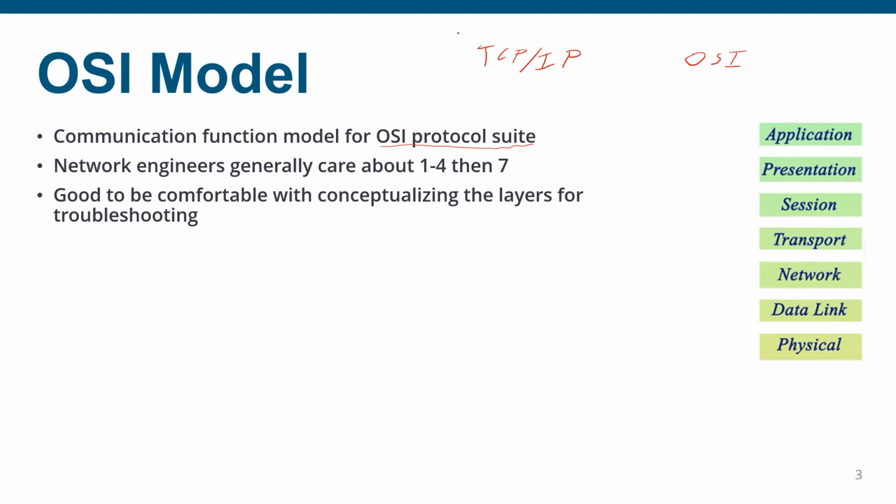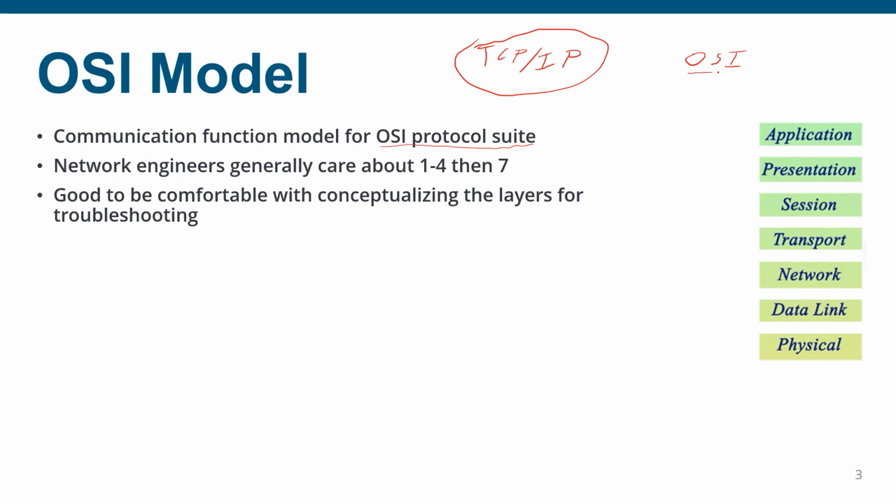And TCP over IP ended up winning that battle. Think DVD and VHS, or DVD and Betamax, or HD DVD and Blu-ray for the more modern. That TCP over IP ended up winning.